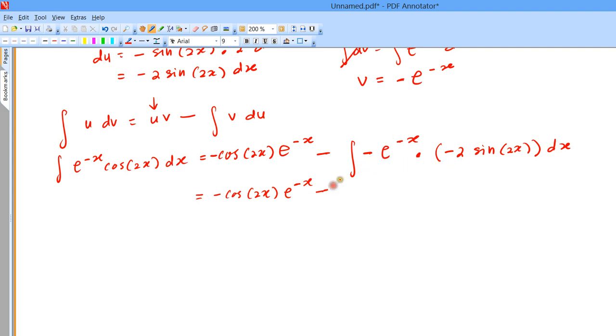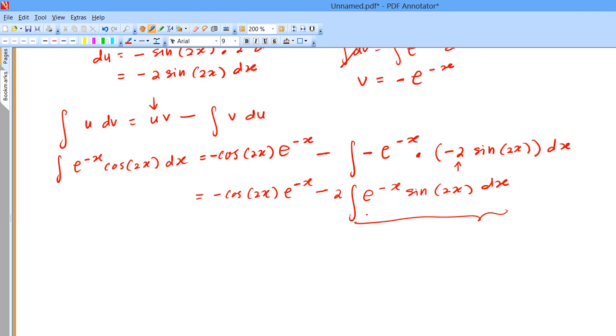So negative, and then we have the constant 2 to integrate e to the power of negative x sin 2x dx. So now we need to apply integration by parts one more time, since we have the product of two different functions, and we cannot integrate directly or use the u substitution method.